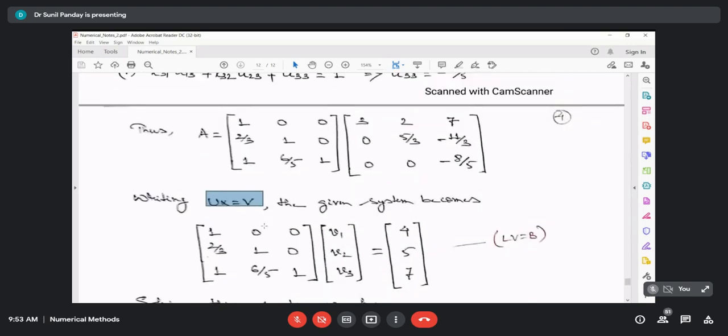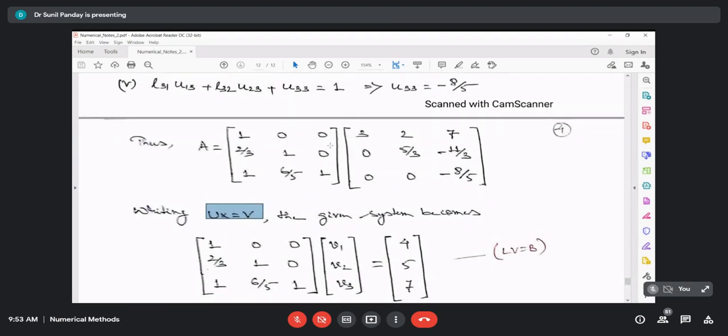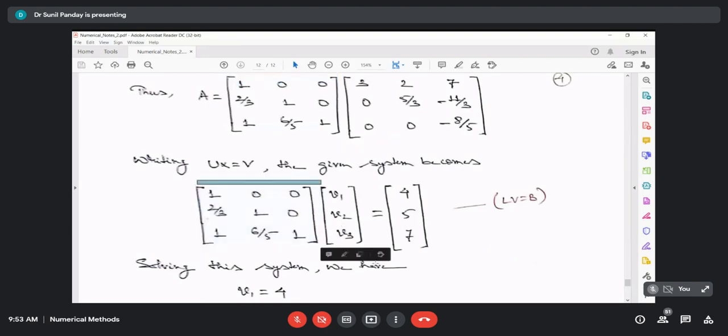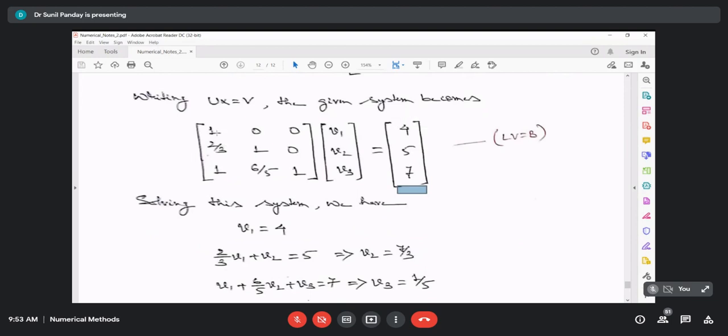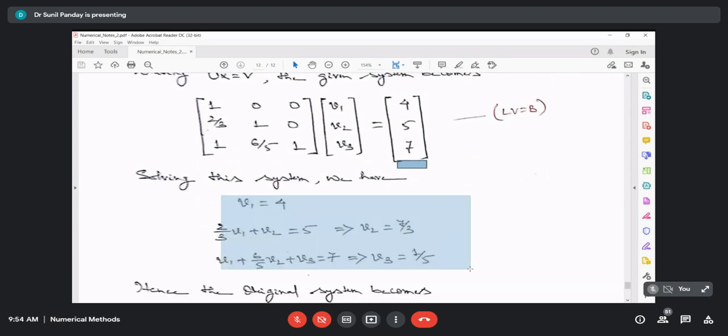Sorry, first we write LUx equals b, where A is replaced by L and U. So first we write Ux equals v, so we get Lv equals b. Because this is already in the form of a lower triangular matrix, with the help of substitution you will get v1, v2, v3.